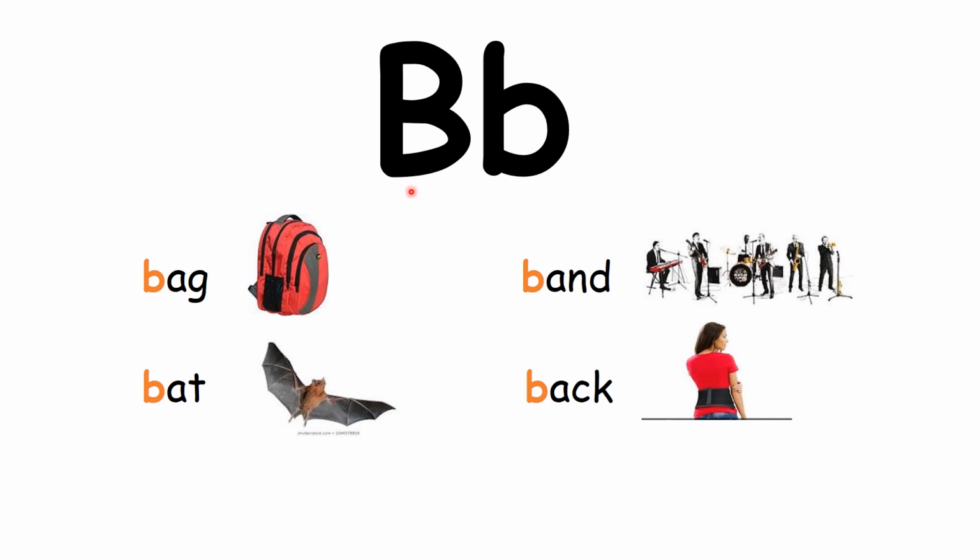Okay, so let's read the words with the beginning letter B sounding as B. Ready? Begin. B. Bag. B. Bag. B. Bat. B. Bat. B. Band. B. Band. B. Back. B. Back.